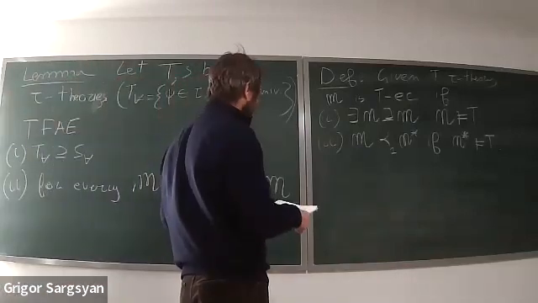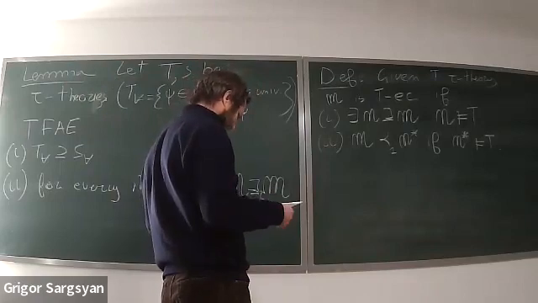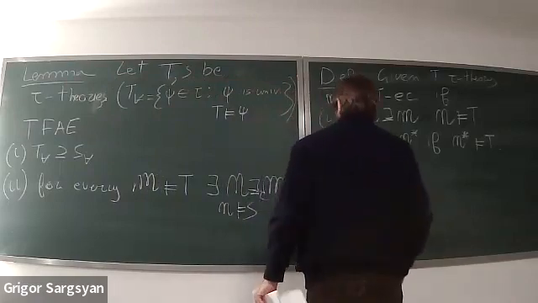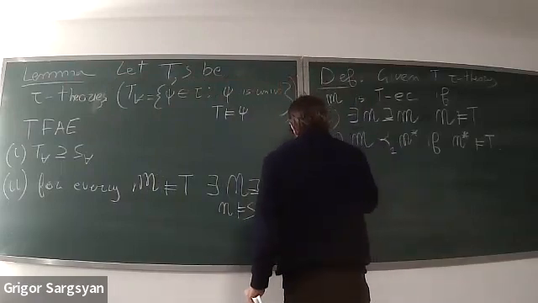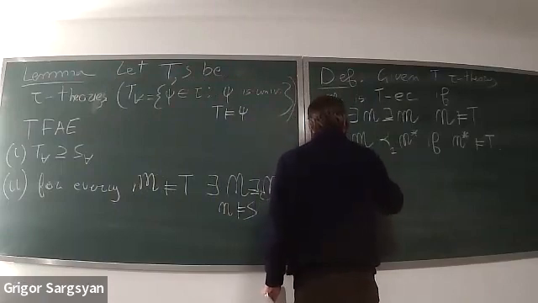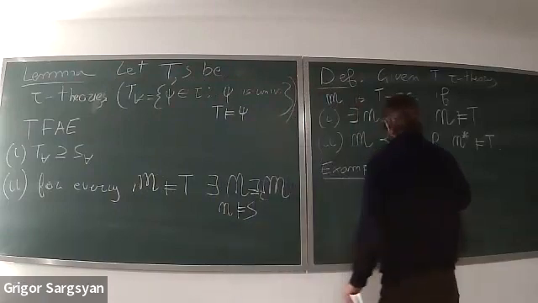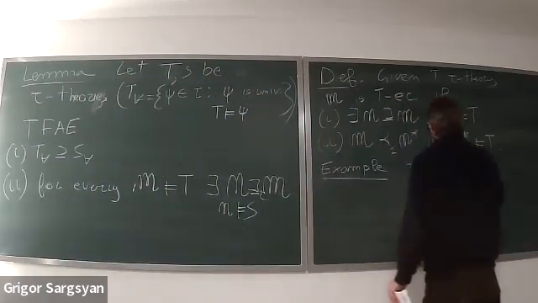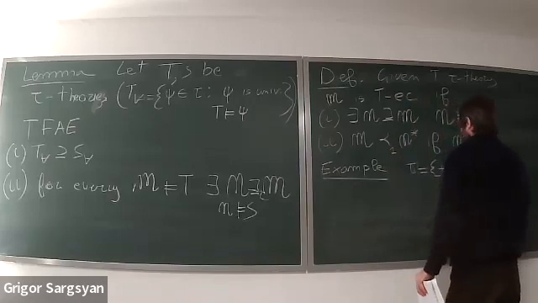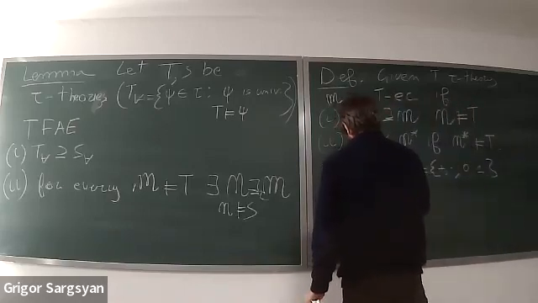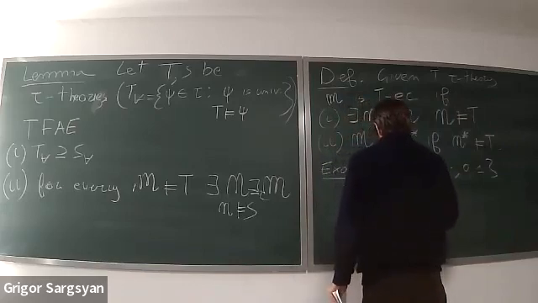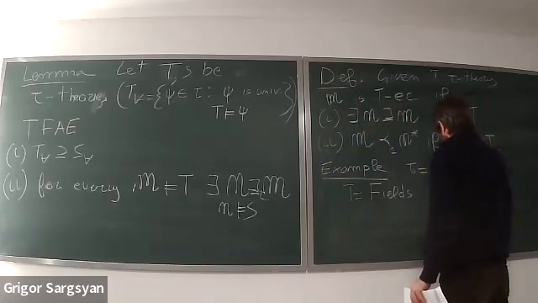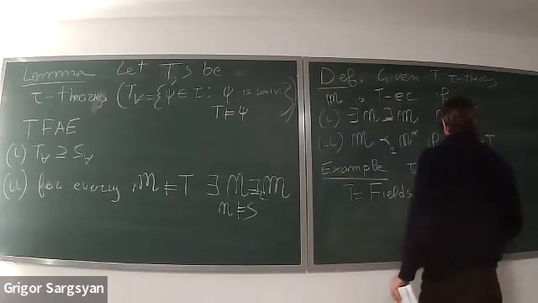Okay, now there is the standard example. Tau equals plus, times, 0, 1, T equals fields, and M an algebraically closed field.